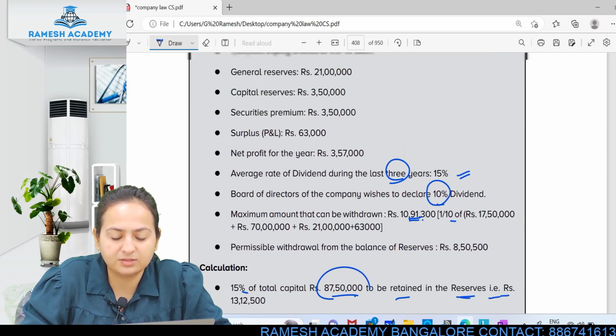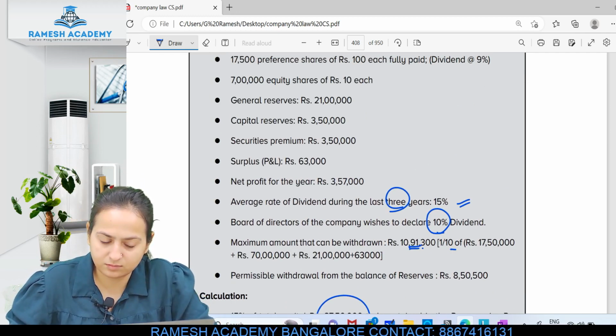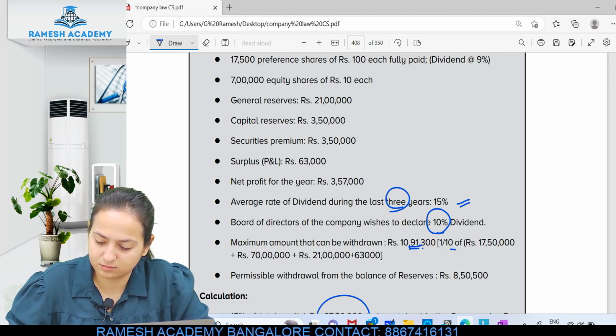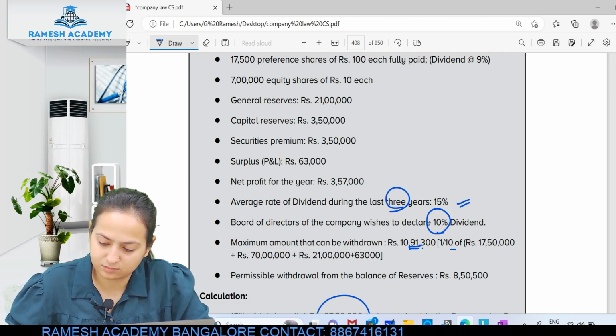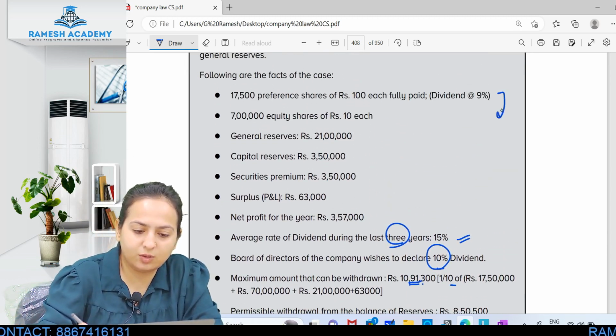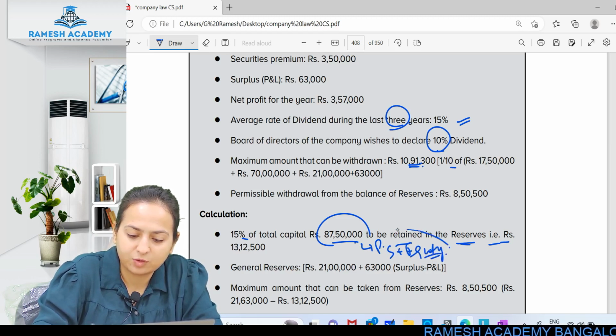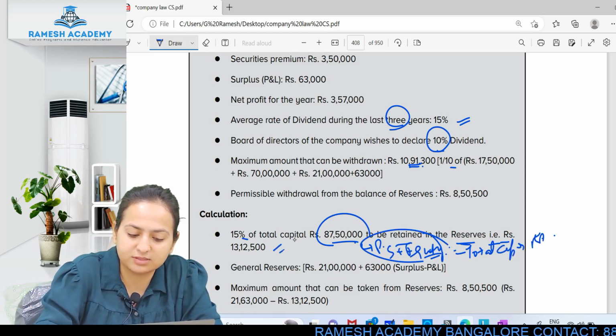So you can just see what will be the paid up share capital. Here you just have to add preference shares plus equity share capital, that will be your total capital. Yes, so total capital 15% comes out to this amount.